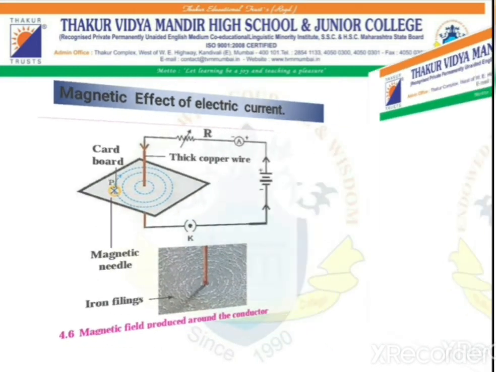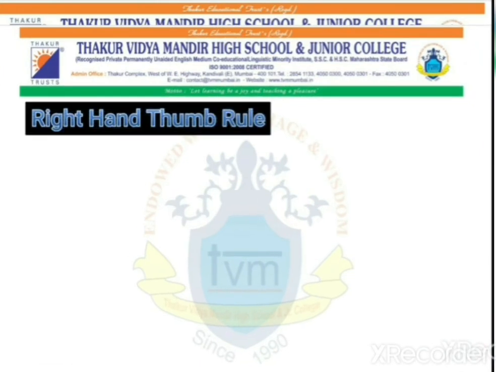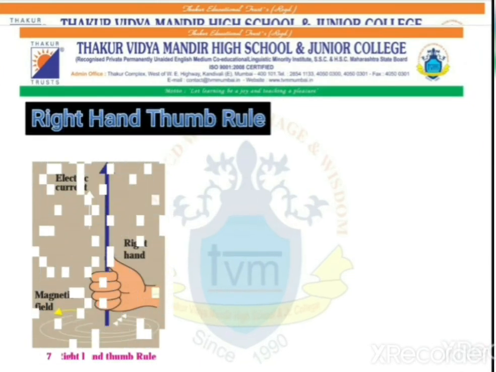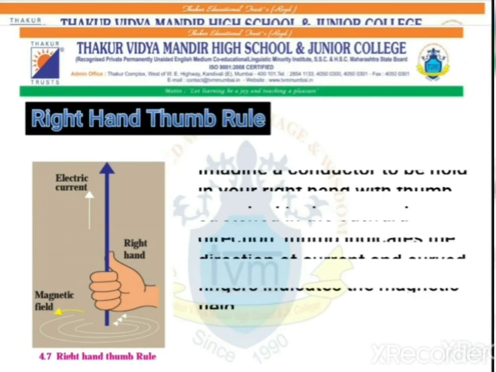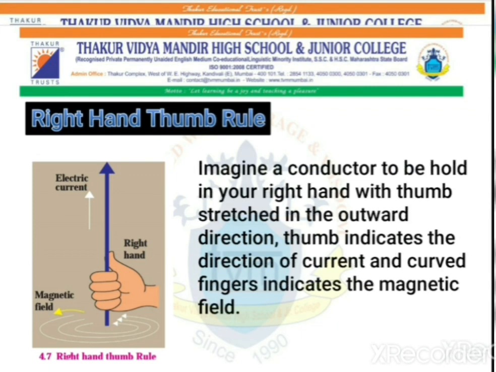The next part is about the right hand thumb rule. The right hand thumb rule states that imagine a conductor to be held in your right hand with the thumb stretched in the outward direction. The thumb indicates the direction of current and the curled fingers indicate the magnetic field.